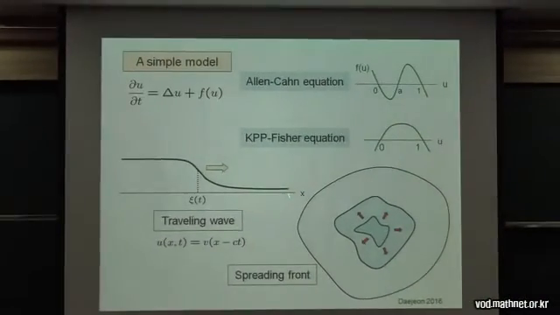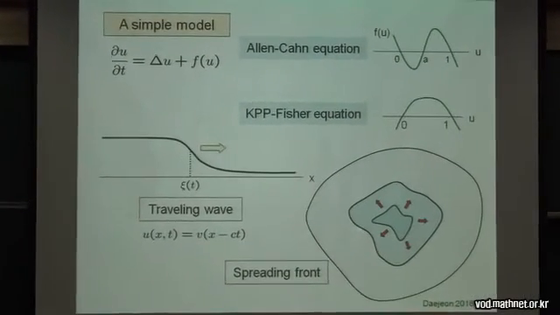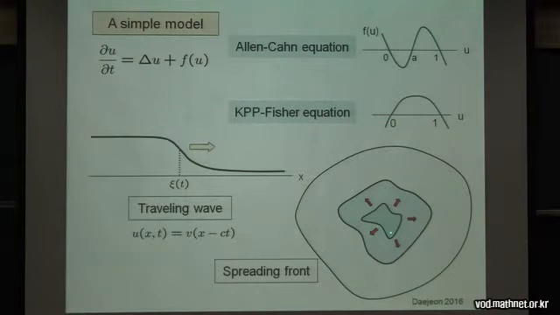Traveling wave is a special solution which moves at a constant speed. But the spreading front is the following. You start from initial data which has compact support and look at how the solution behaves.